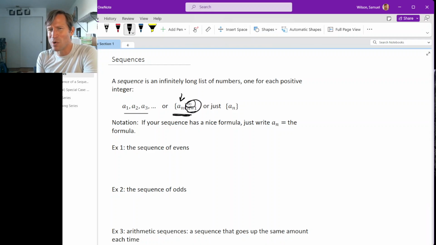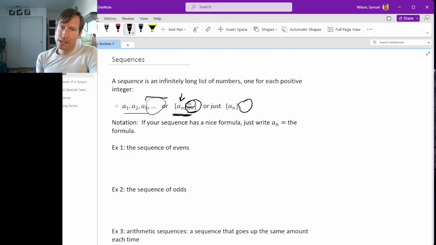If it doesn't really matter where you start, then sometimes we won't write where you start. Usually it'll be either 0 or 1, but if it matters where it starts, you should explicitly say where it starts. Sometimes it doesn't matter so much, because sometimes what you're really interested in is just what happens out in the tail of the sequence, in which case the first few terms don't really matter.